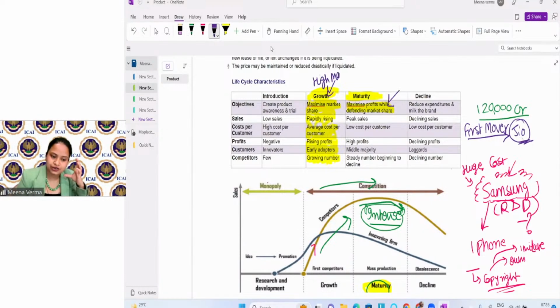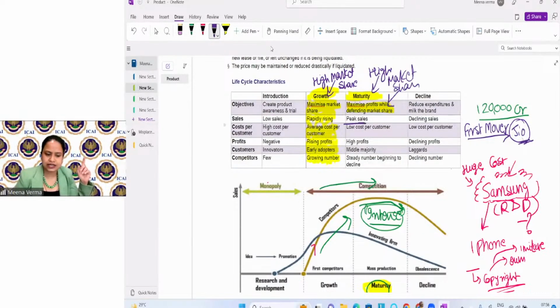Right? Though the company has the market share, gradually it will decrease. Here also the company has high market share, but at the end stage, gradually they will lose market. But for now they have the constant high market share from the growth stage. They will maintain that. Okay? But gradually it will decrease.